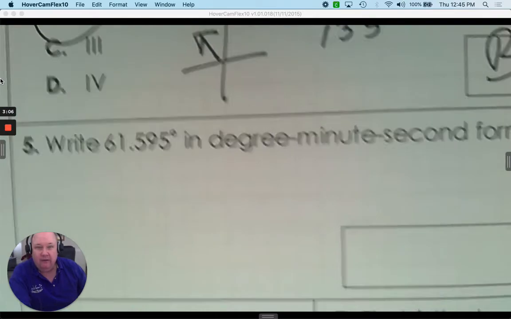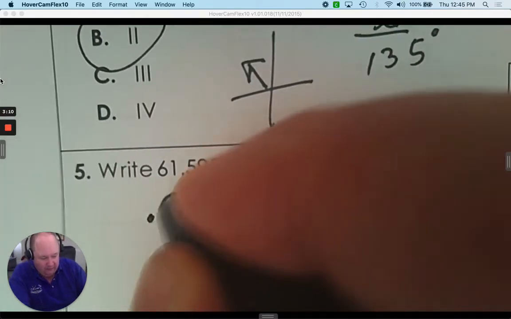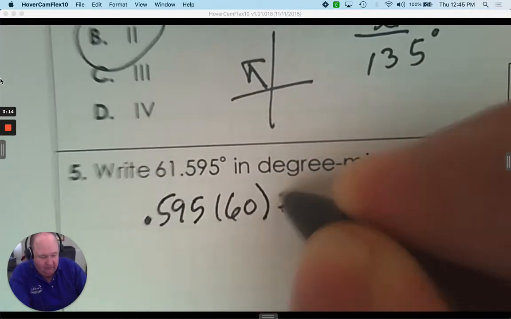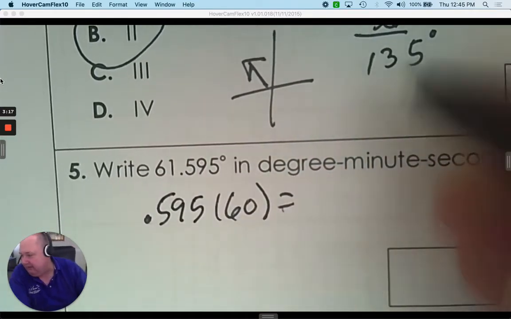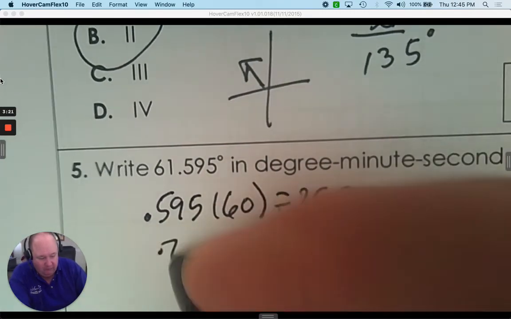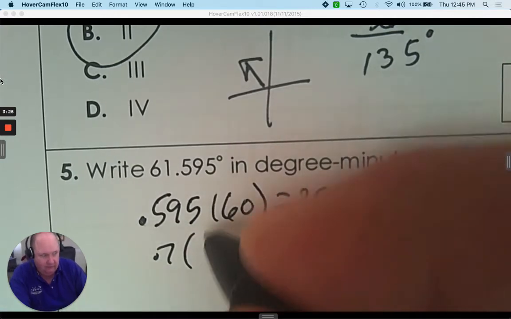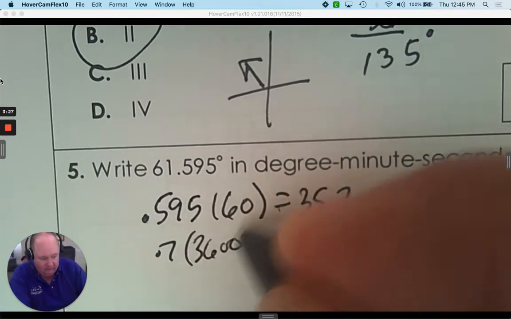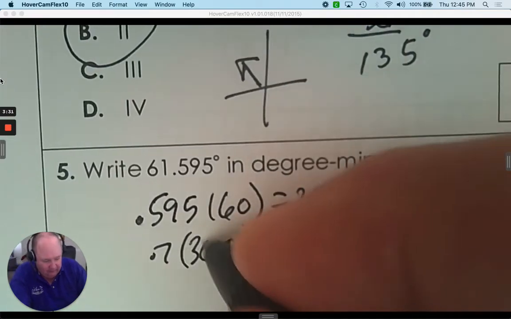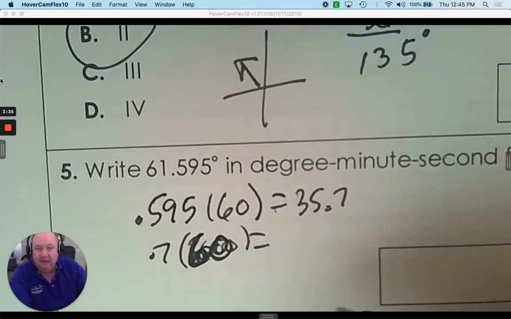All right, can you write something in degrees, minutes, and seconds? So take the decimal. The first thing we're going to do is multiply it times 60 and see what answer I get. That's 35.7. Then take 0.7 and multiply it times 60 again, that's going the other direction from 3,600.